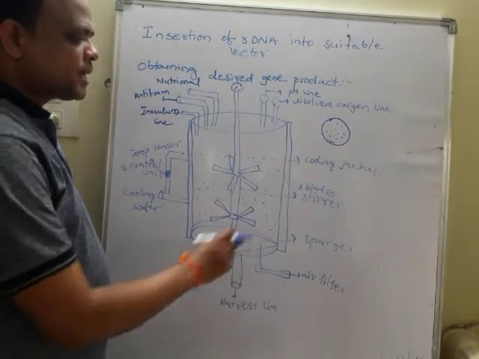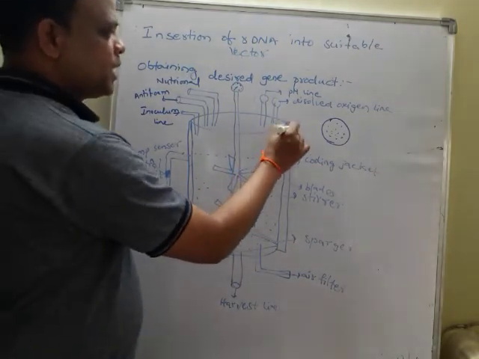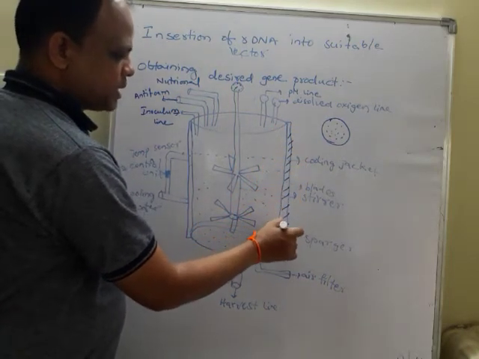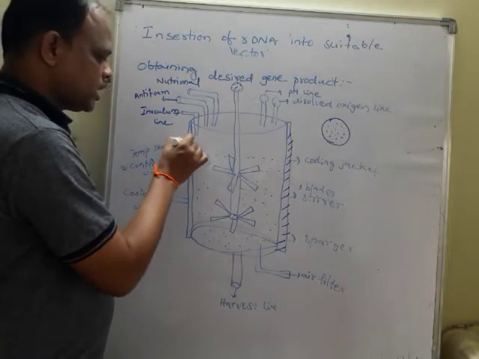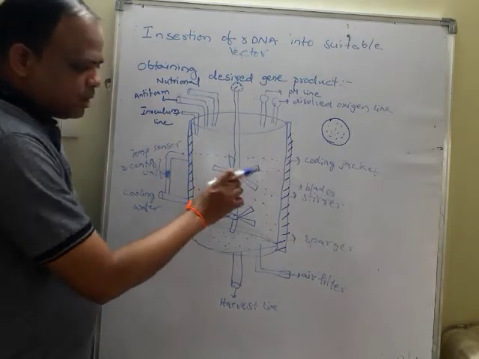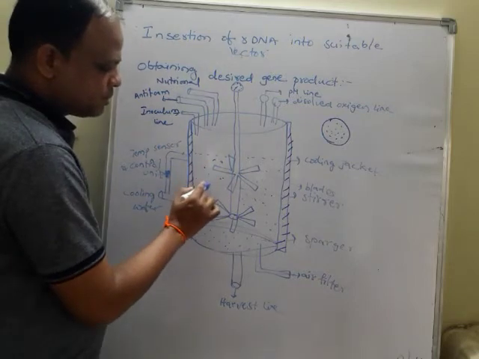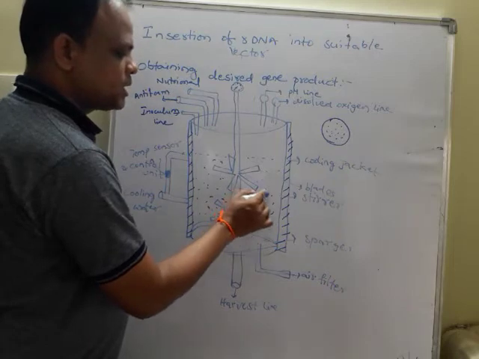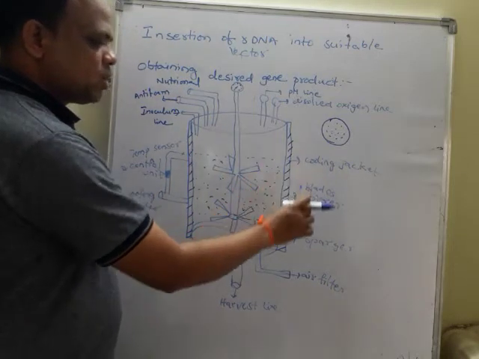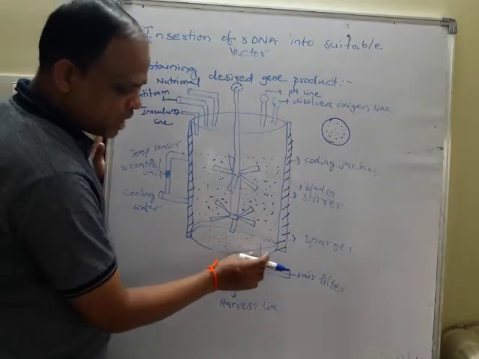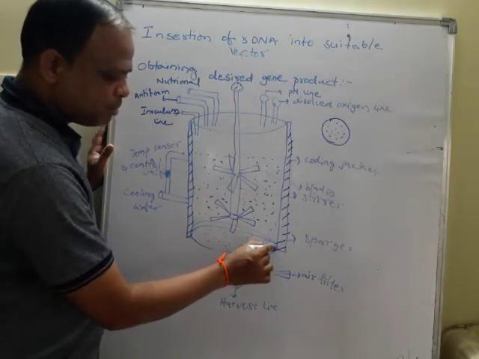The bioreactor can contain cooling jackets covering it. These jackets give cooling to the organisms inside the bioreactor, where the host organisms develop. One sparger is also present at the bottom of the bioreactor.